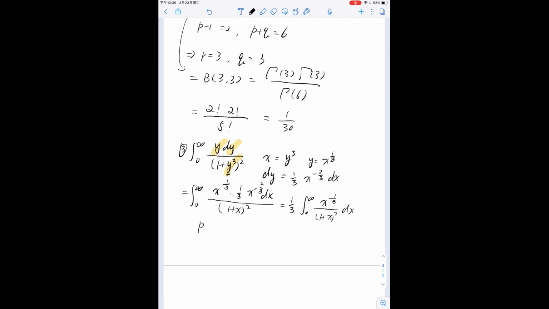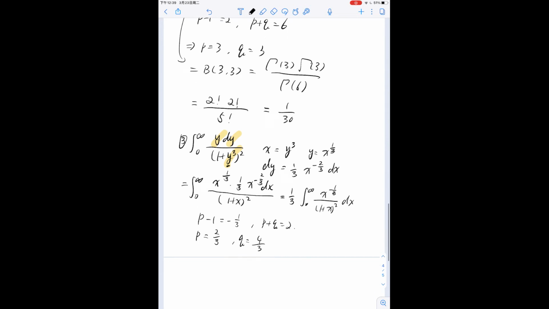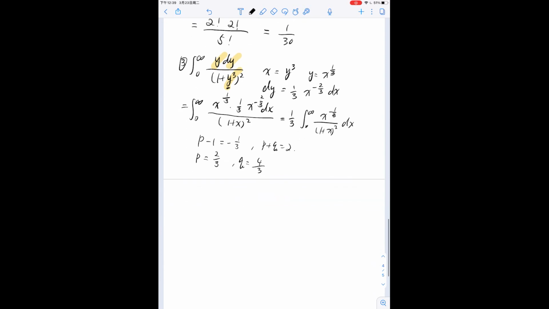So we have p minus 1 equals minus 1/3, p plus q equals 2. So p equals 2/3, q equals 4/3. Now the original integral equals B(2/3, 4/3), and we use the relation with the gamma function again.